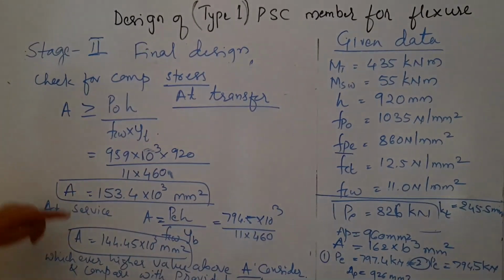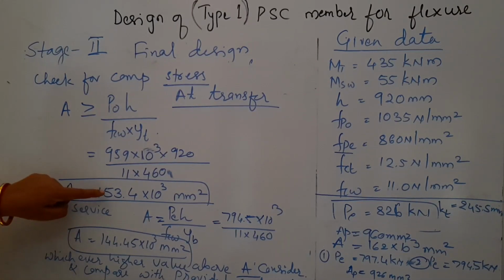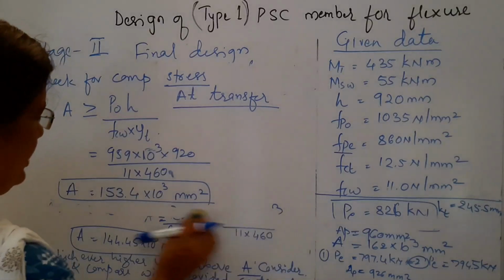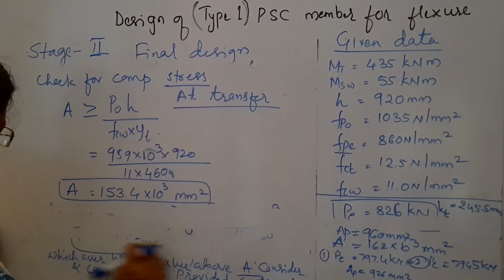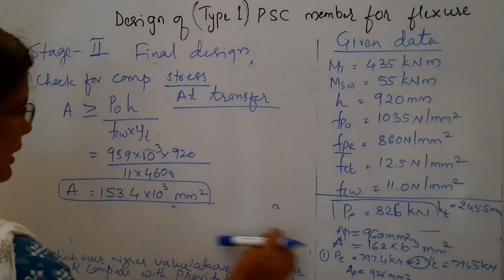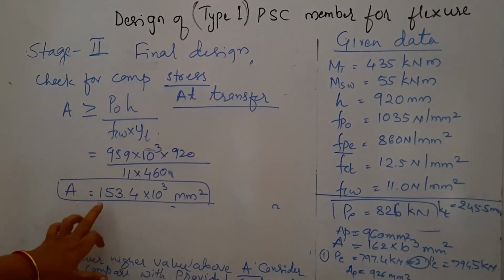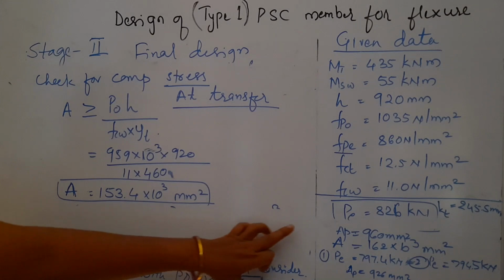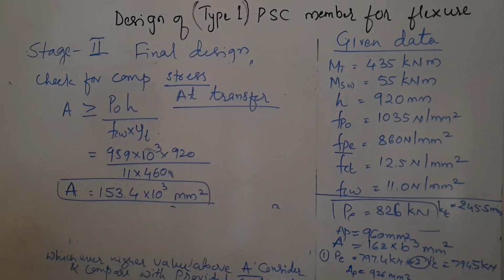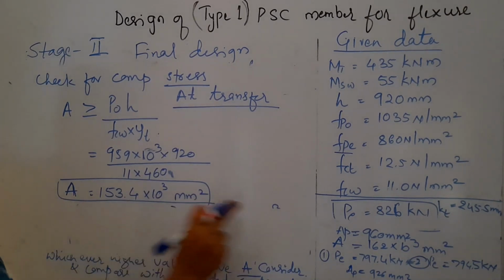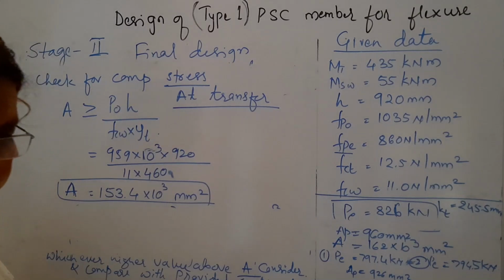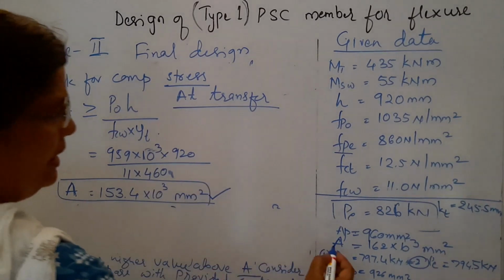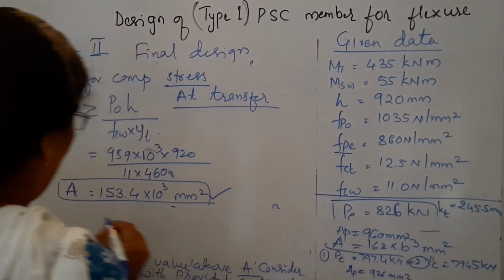What it means is that the higher value of these two is taken, that is 153. This we have to consider and compare with the provided section. The provided section is given as 162 and the calculated is less, therefore it is satisfactory.